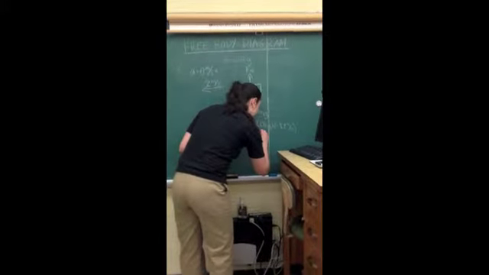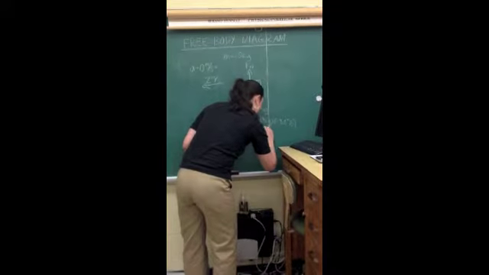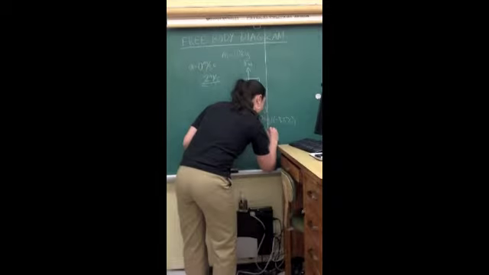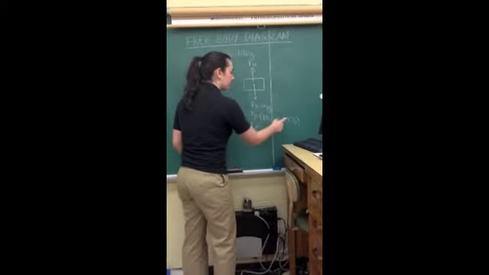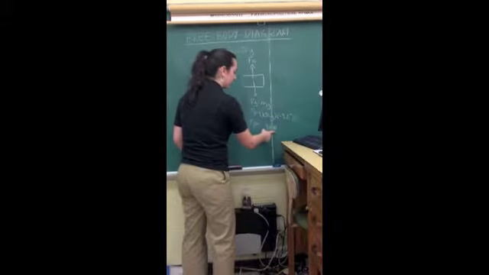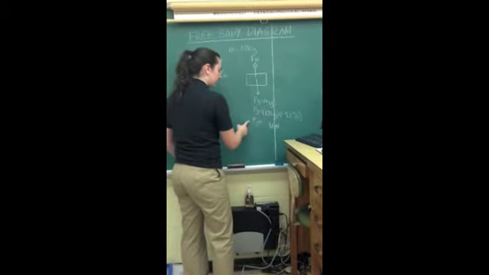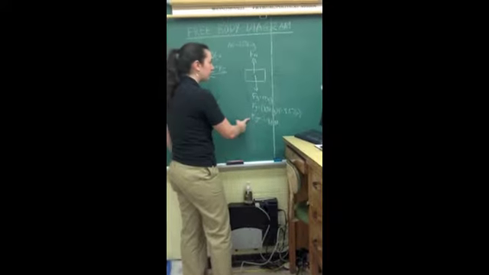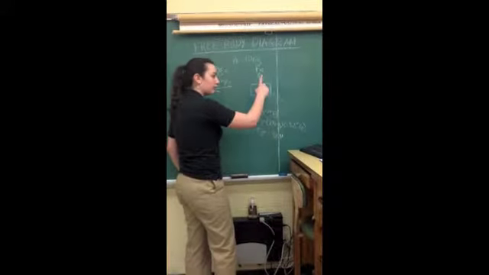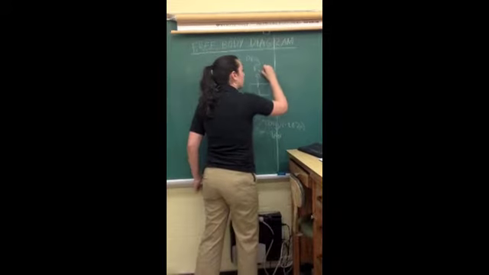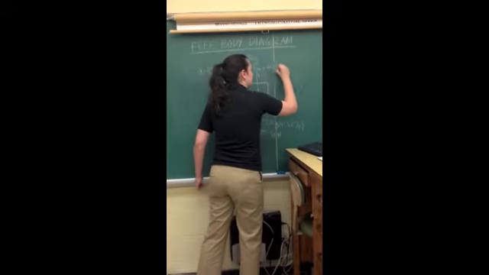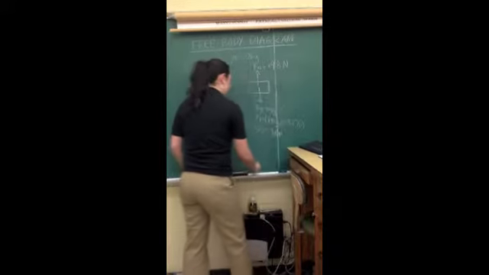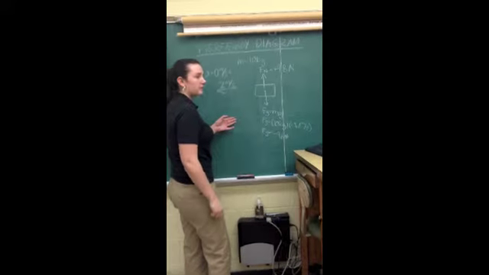So this means that the force of gravity would be negative 98 newtons. Kilogram meter over second squared is equivalent to newtons. This means that the force of gravity is negative 98 newtons acting upon the cart, which would mean that the normal force, because it is going upward, would be positive 98 newtons. This is the free body diagram for the cart.